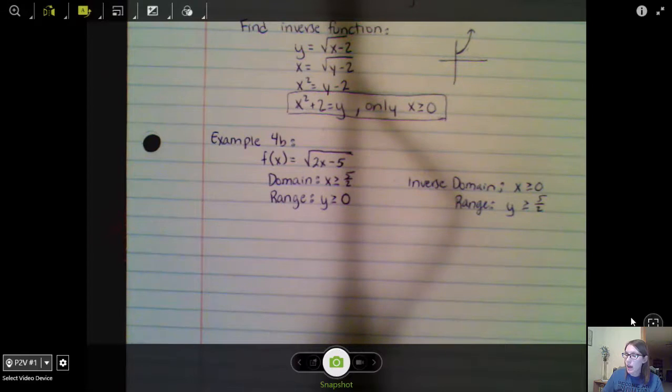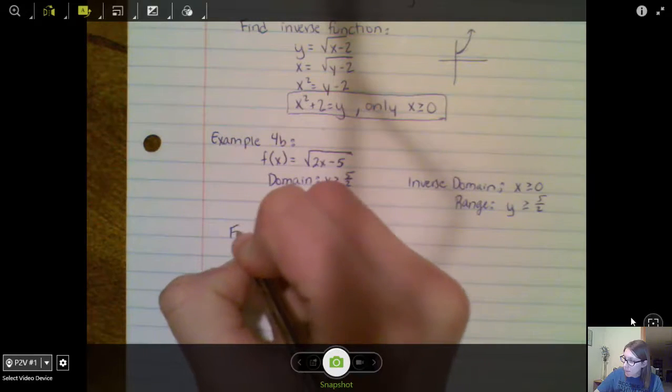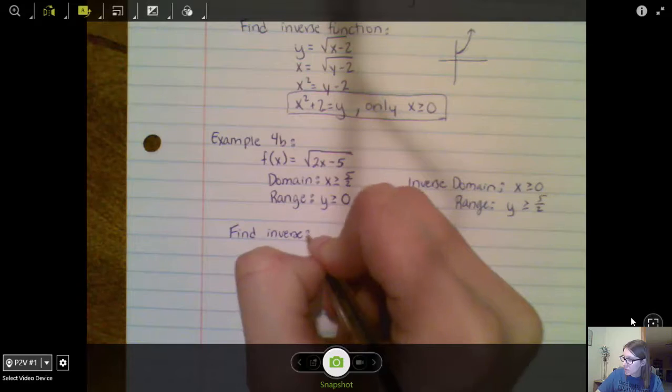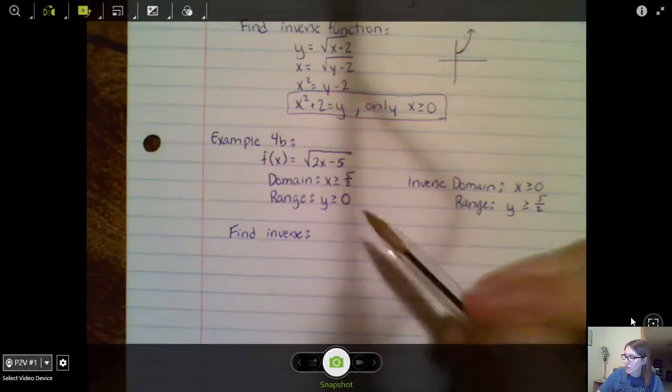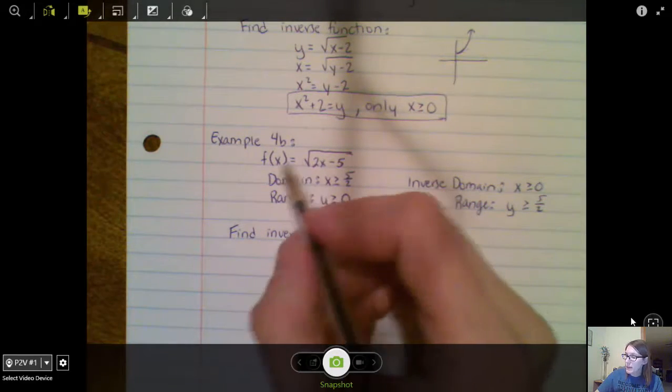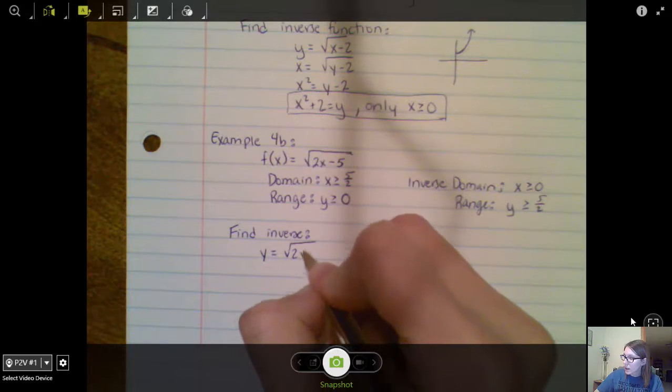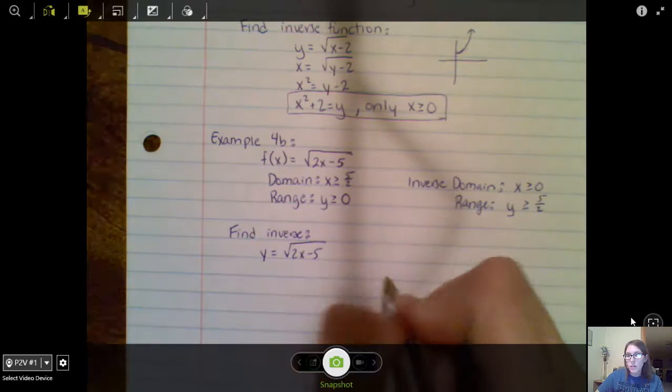Okay, now let's figure out what my inverse function is. So again, I switch my x and my y around, which I'm going to rewrite the original again. y equals the square root of 2x minus 5.